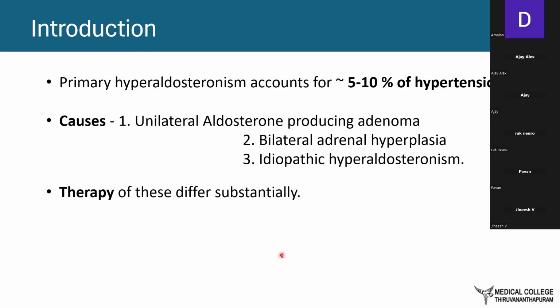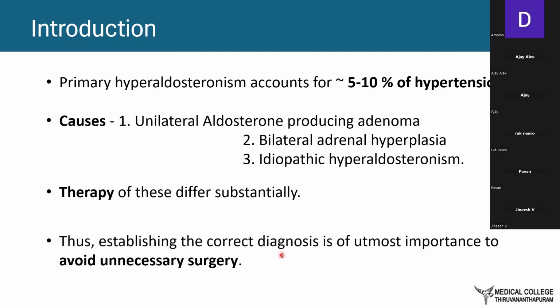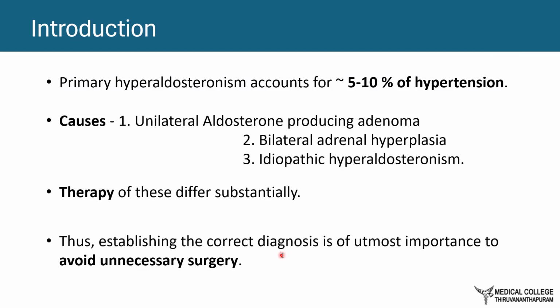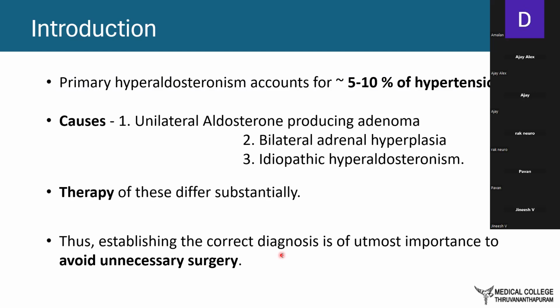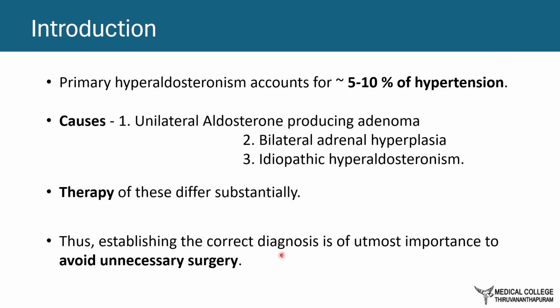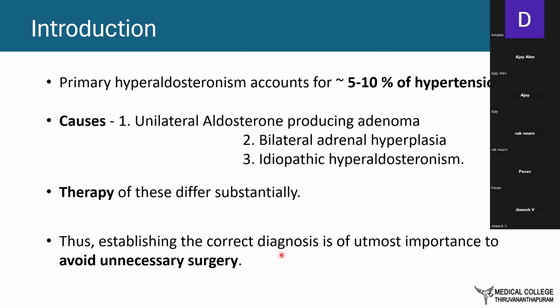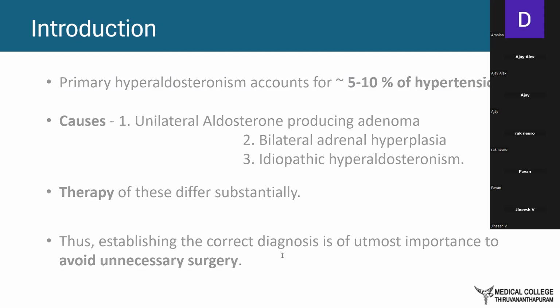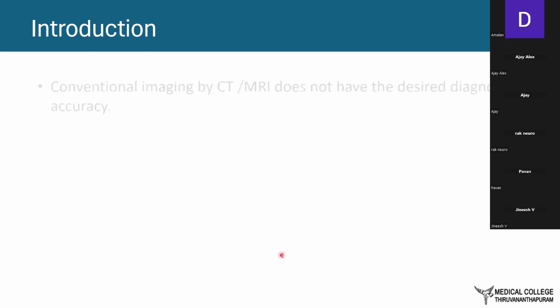Treatment differs substantially depending upon the etiology, and therefore it is important that you establish the exact source of secretion of aldosterone in order to decide on treatment, as well as decide if surgery will cure the patient.